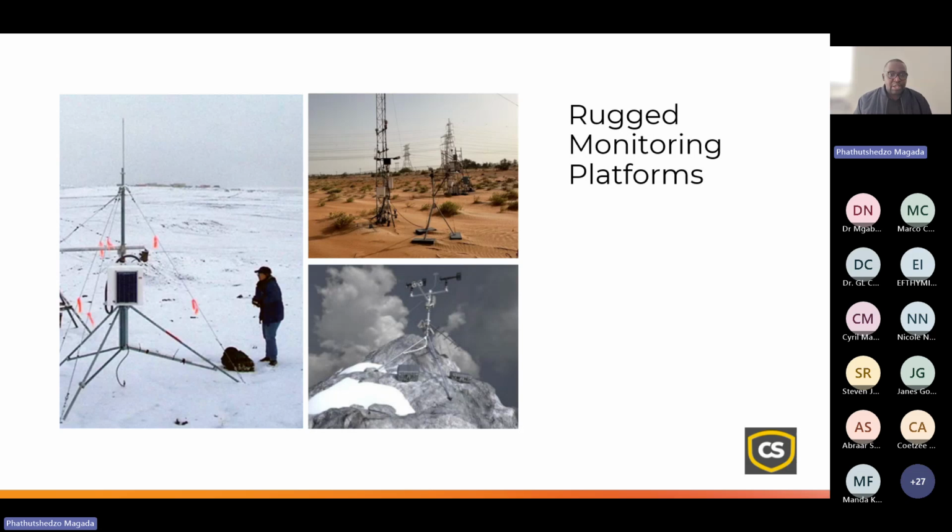For example, here, as I've indicated, we have a weather station that was deployed on Mount Everest, which is the very coldest, and we have a weather station that was deployed in UAE, which is very hot. It is able to stand such harsh environmental conditions.